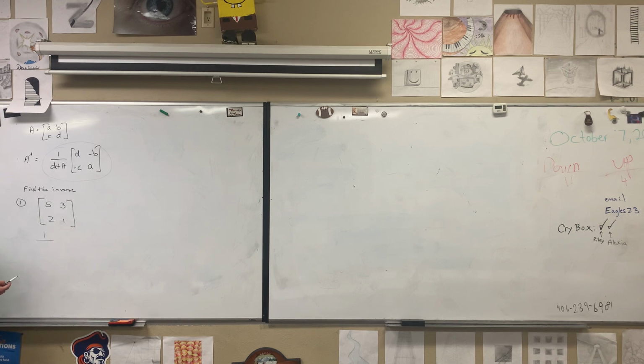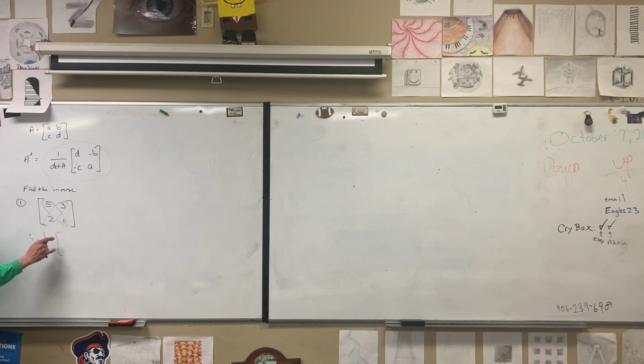Now we can mentally do the determinant, I think. How do you find the determinant? You guys did all the determinant homework yesterday. Find the determinant of a 2 by 2. Is it 5 minus 6? Plus or minus? Minus, yeah. 5 minus 6, because it's 5 times 1 minus 3 times 2.